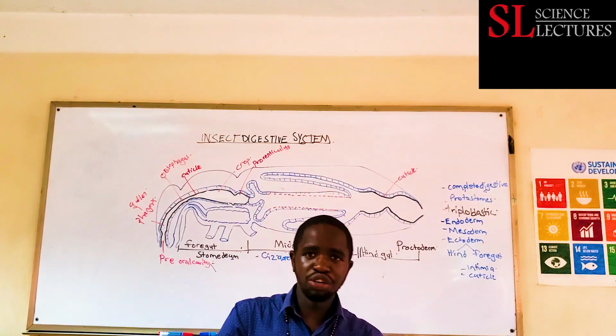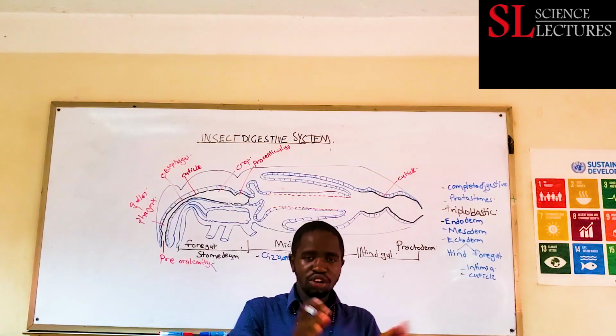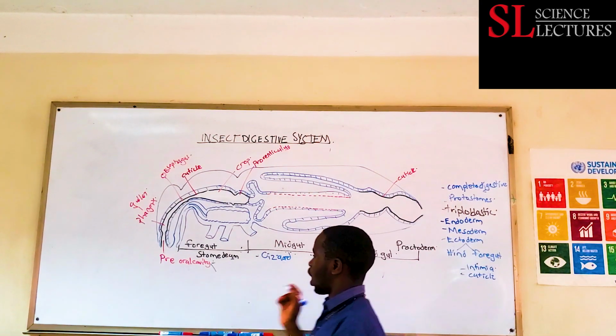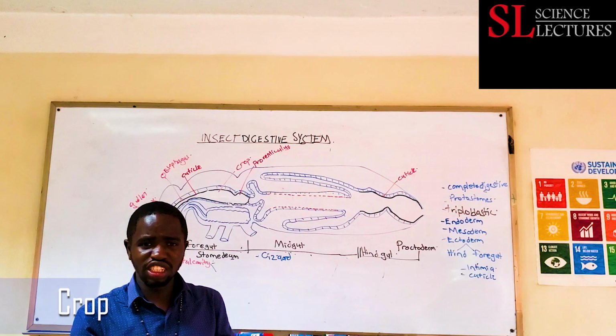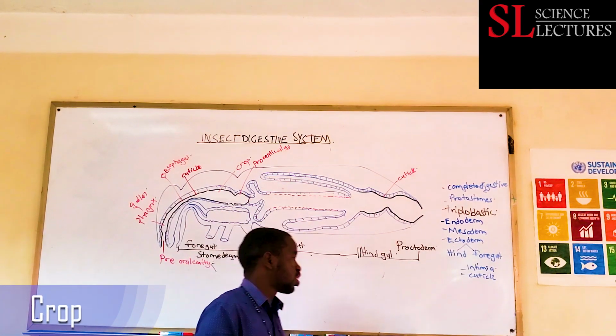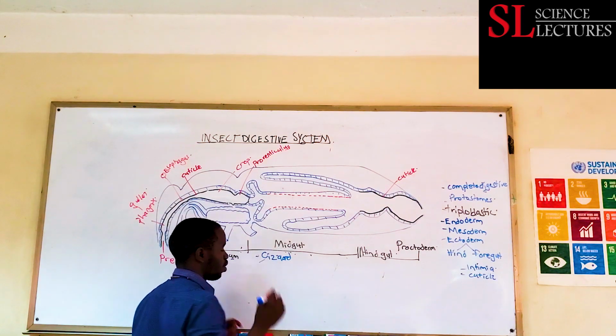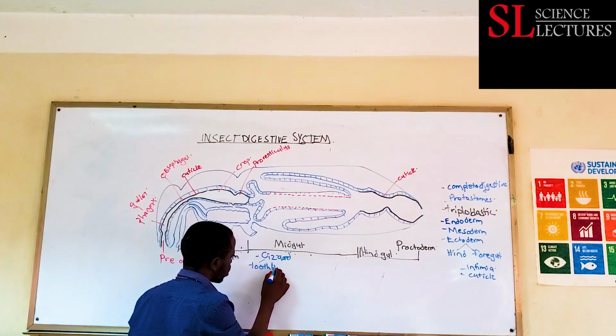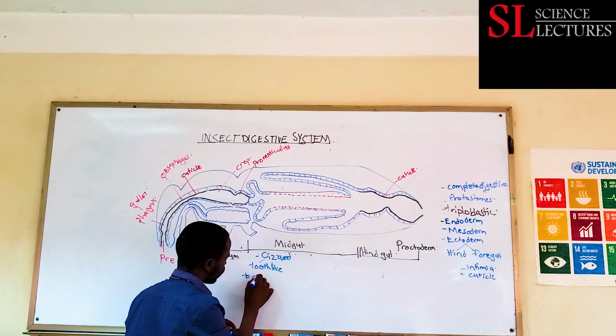However, insects that feed on liquid foods don't have a gizzard or proventriculus. This gizzard is modified in various insects to suit their feeding requirements. For example, in cockroaches, it is tooth-like, to crush and grind food.